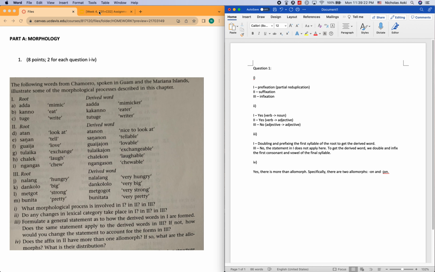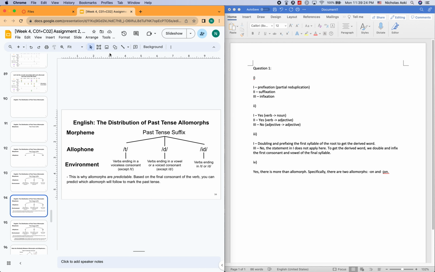The distribution is the phonological environment associated with the allomorphs. Basically, what feature the adjacent consonant has. So for the past tense suffixes, we saw that for t, it was verbs ending in a voiceless consonant. That's what triggers the use of t as the past tense suffix.